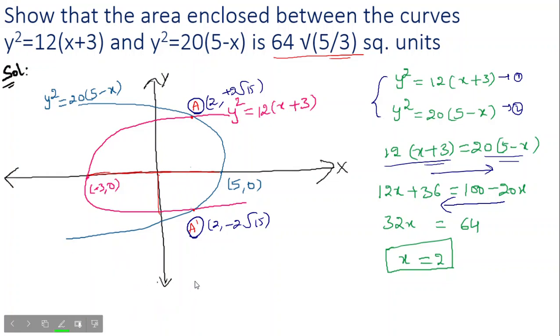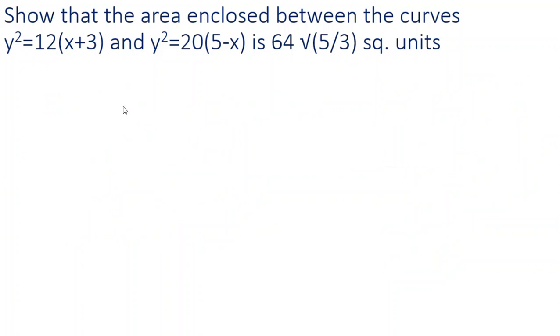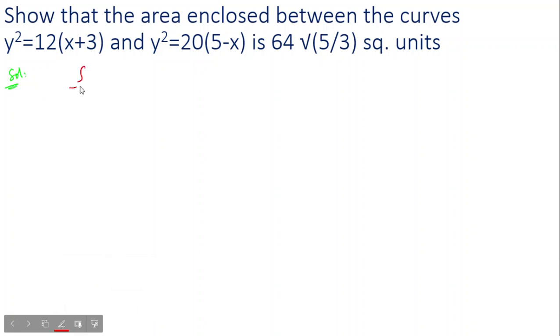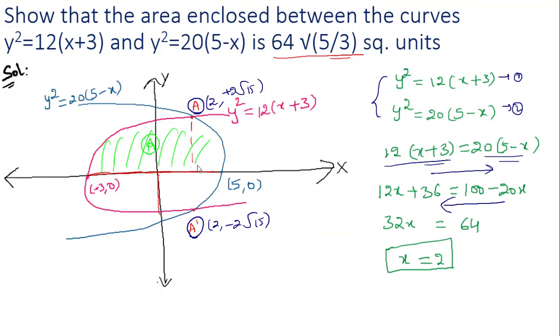So let us find the area of the upper part. The area of the upper part is the integral from minus 3 to 2 of root 12 of x plus 3 dx, because integrating from minus 3 to 2, all the area falls under the first curve.